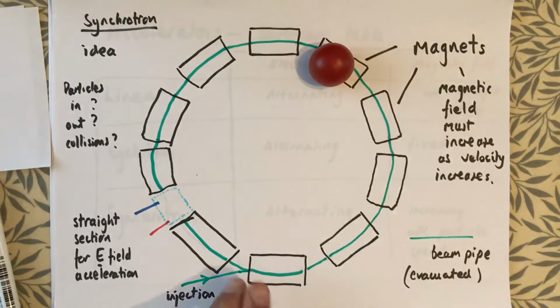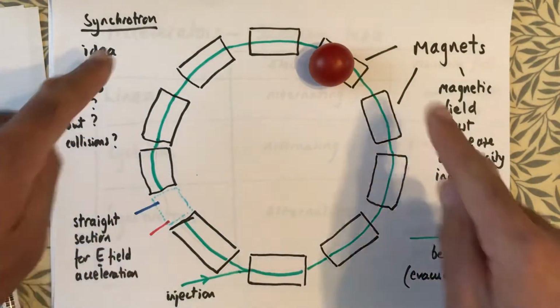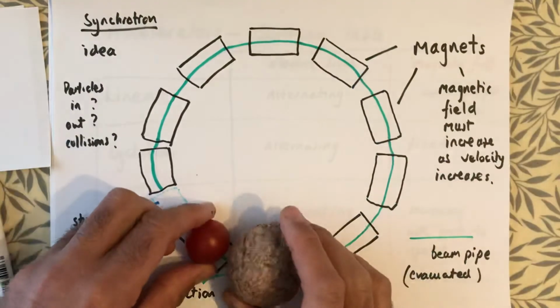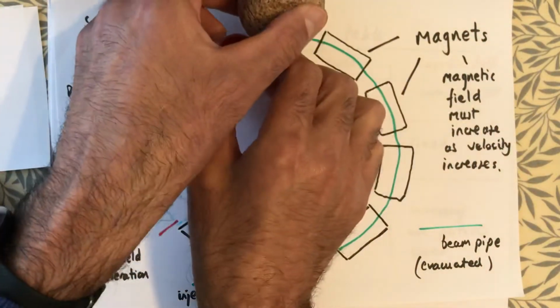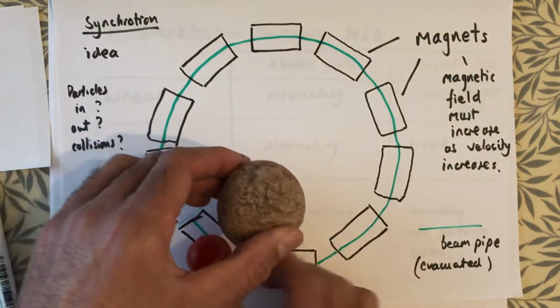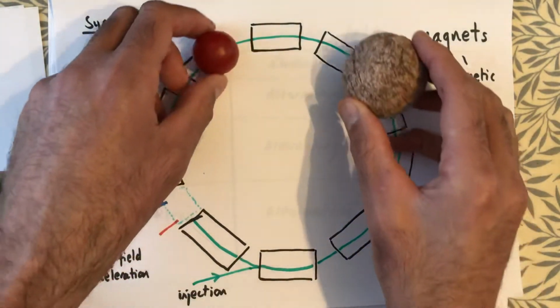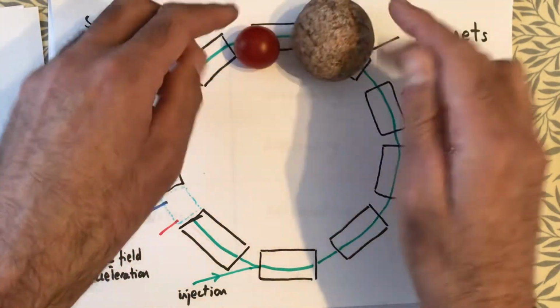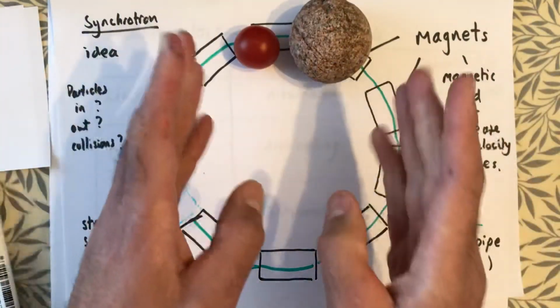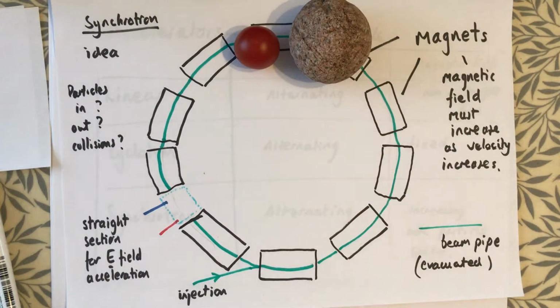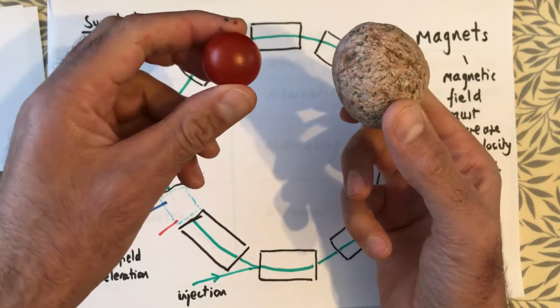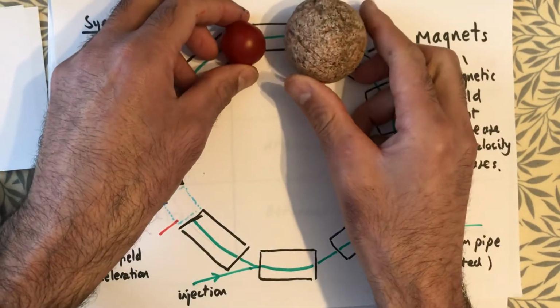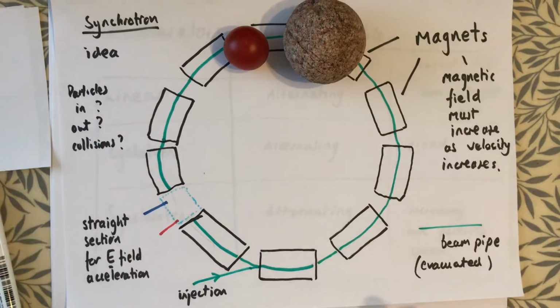Because they're opposite charges, they have one particle going one way and another going the other way, and they keep them separate. When they're all at an appropriate speed, they change it so that they collide inside an enormous machine that's designed to observe that collision. So they have a proton and an antiproton. I don't know why I've represented them with very different size objects. It's not very helpful. So that's how they do it at CERN.